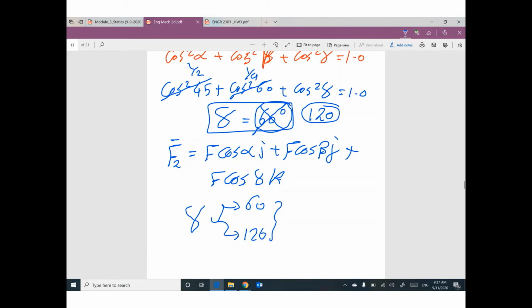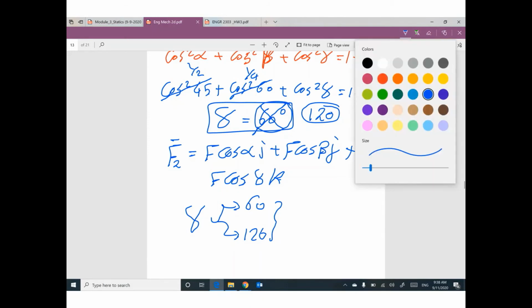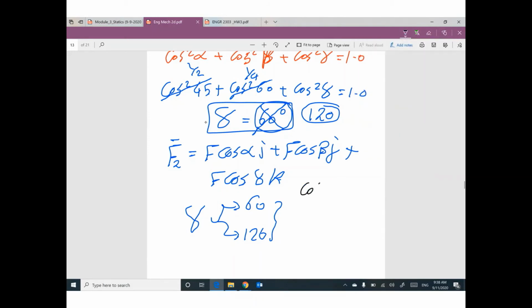just a moment. Cosine 45 square, yes, and this one cosine 60 square, yes. So if you add this value plus this value to the other side, I will find cosine square gamma equal 1/4.